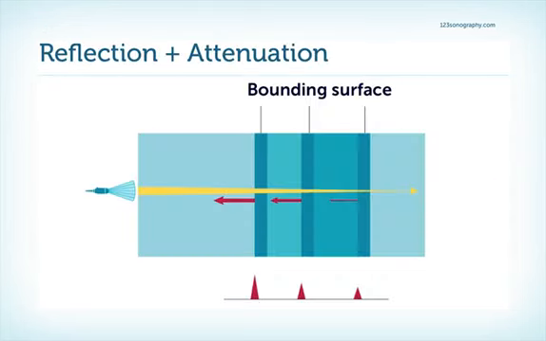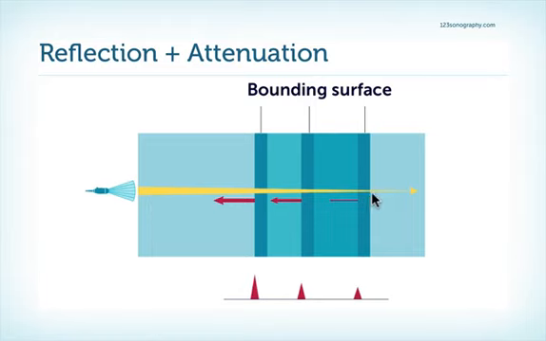But let's come back to our tissue example and see how ultrasound can help us to generate an image. Well, we said that we have a reflection if we have a boundary. But in tissue, in reality, we have not only one boundary, but multiple boundaries. And part of the ultrasound beam penetrates, so we have multiple reflections. Obviously, these ultrasound reflections will not all return to the transducer at the same time.